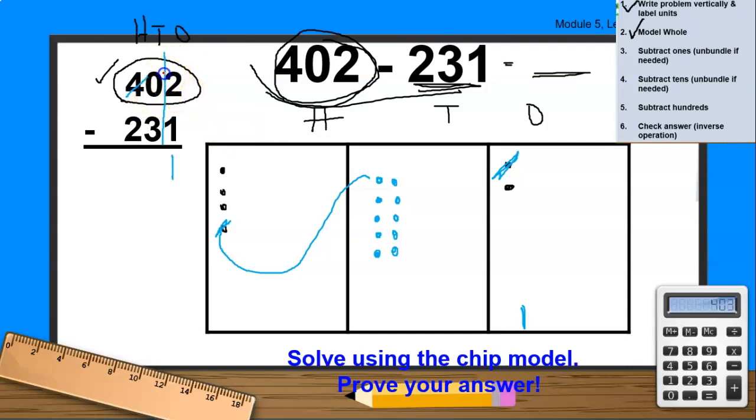No, boys and girls. I have 10 tens. You see it? 1, 2, 3, 4, 5, 6, 7, 8, 9, 10. So I put the 10 tens here. Let's look at the hundreds. Do I still have 400? Well, no. I gave 100 to the tens, so I only have 3.